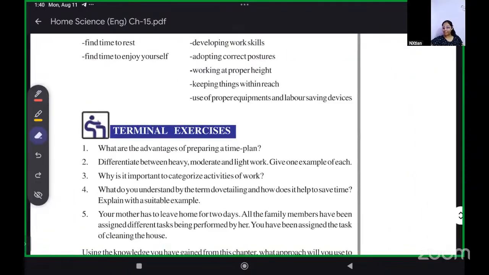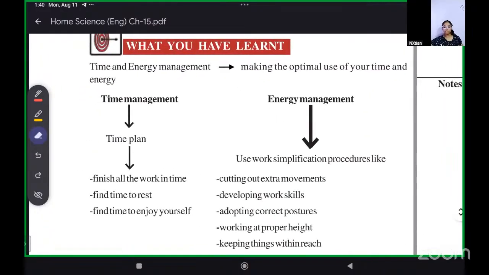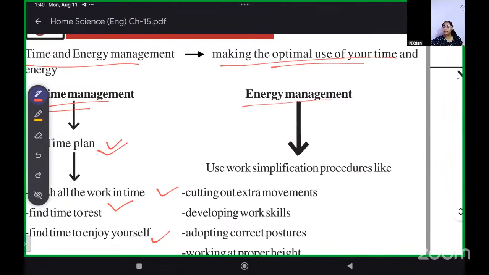With this we finished the chapter. We saw time and energy management, which means making the optimal use of time and energy. Time management, how to do it, making a time plan, so that we finish the work in time, and we find the time to rest and enjoy ourselves. Then there is energy management.